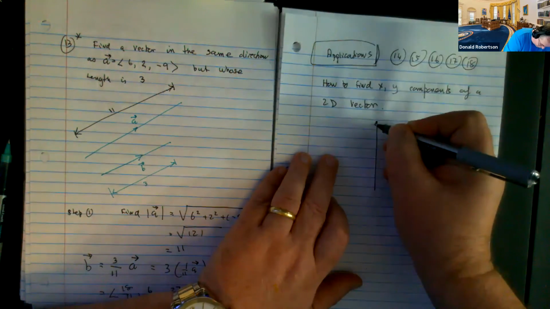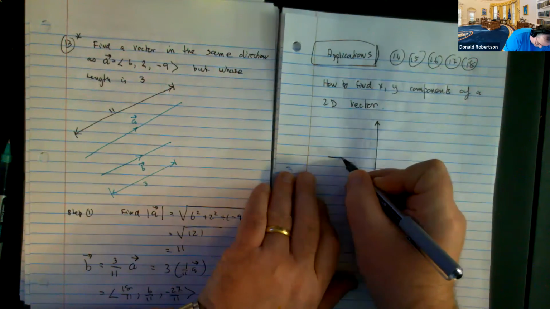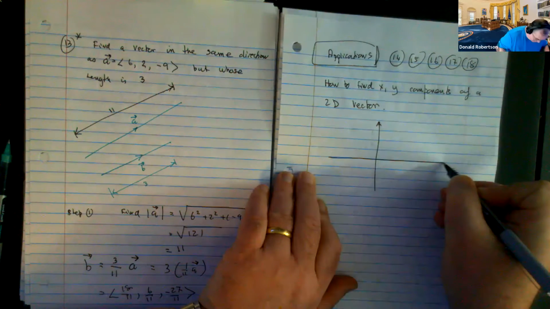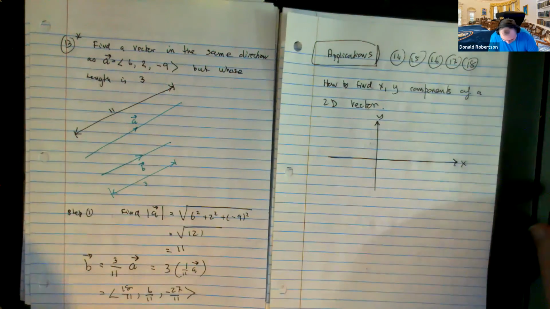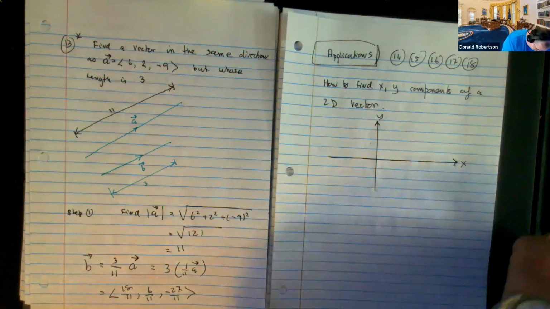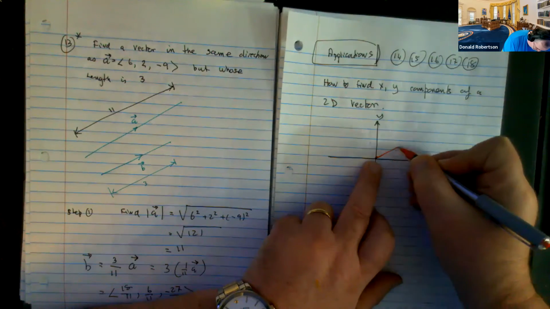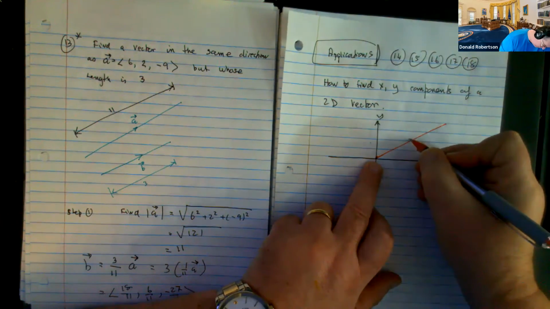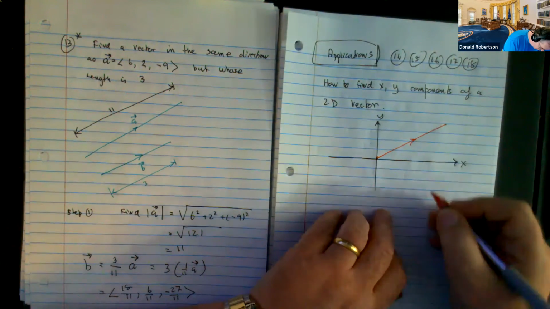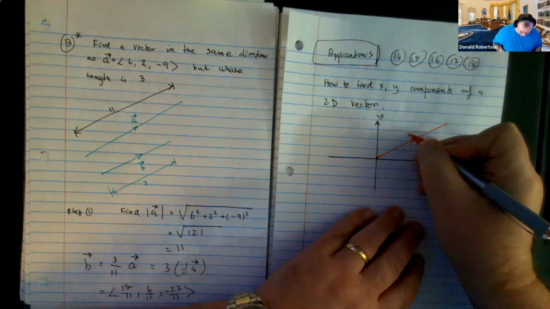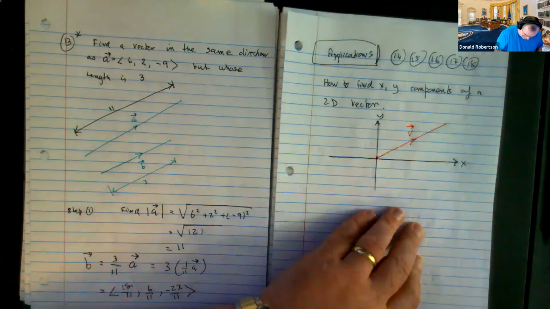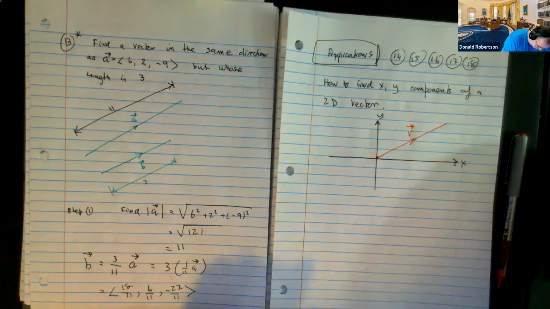So we're going to imagine that we've got a vector. And in these questions, although vectors can be drawn anywhere, the vector is going to start at the origin in each case. So let's suppose I have a vector, this guy here, and we'll call the vector V. And I'm going to tell you some information about this vector.